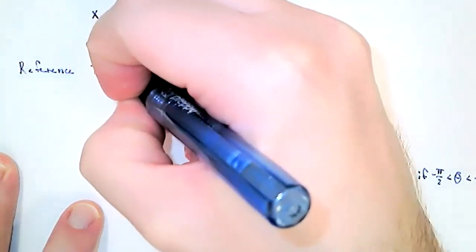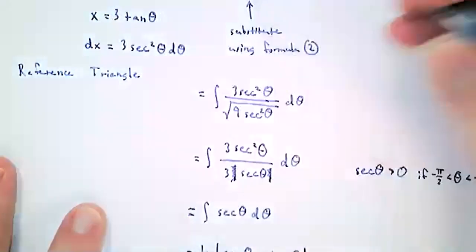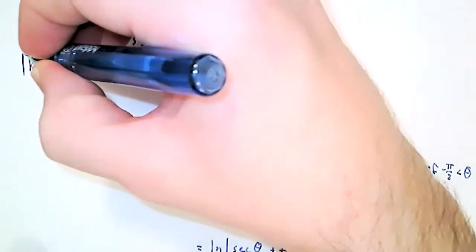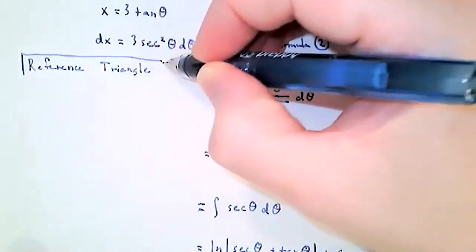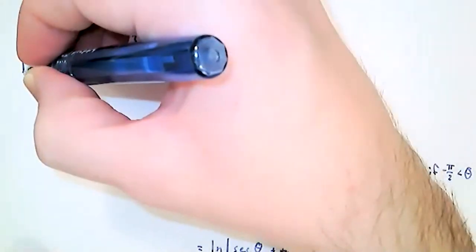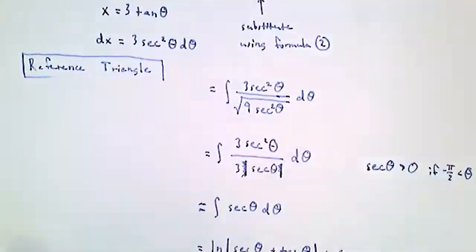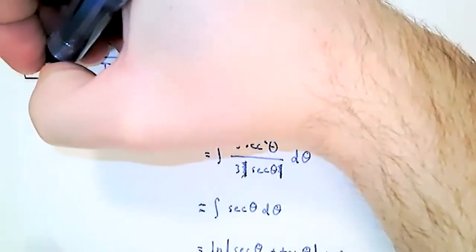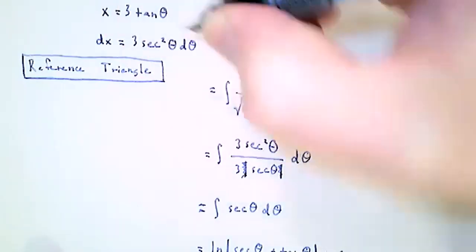And this is something similar to what we talked about in chapter 7 when we tried to calculate inverse trig functions and that sort of thing. Let's see. Pen is not cooperating this morning.